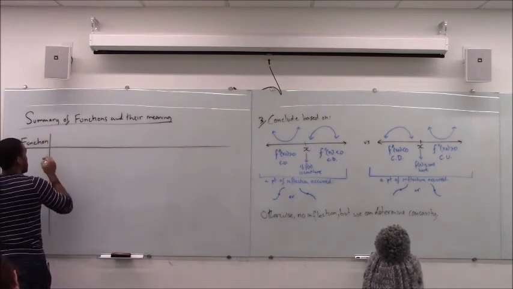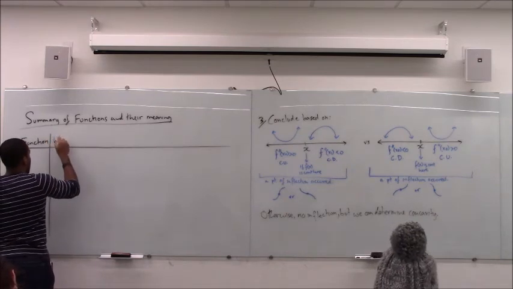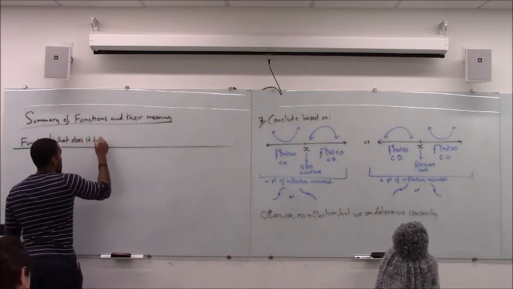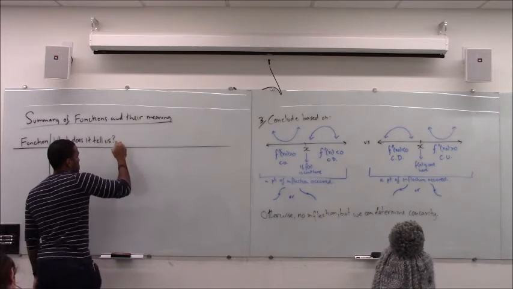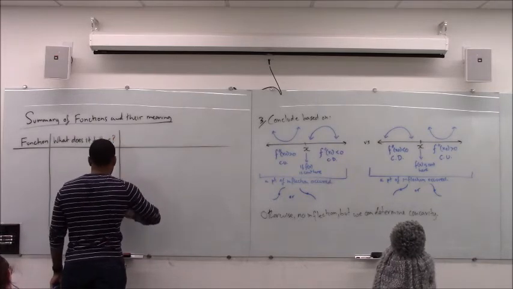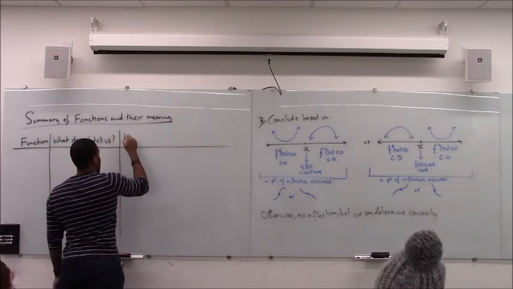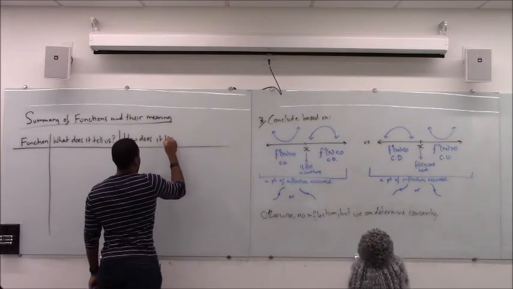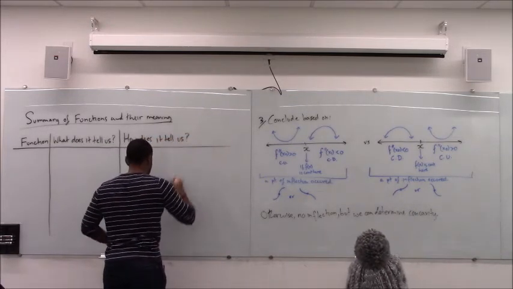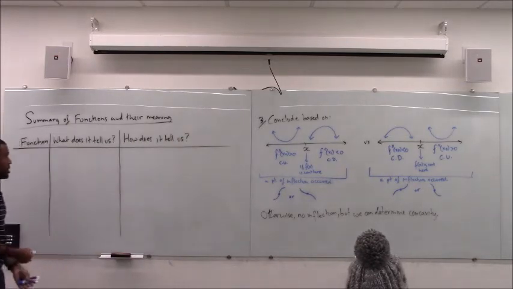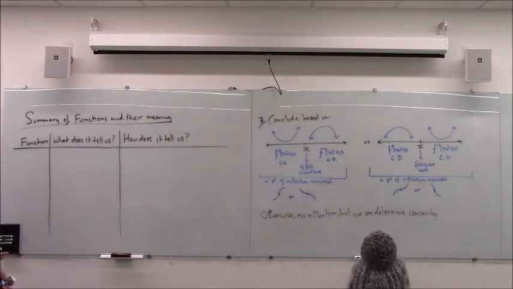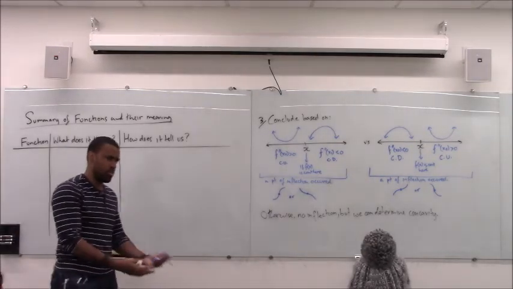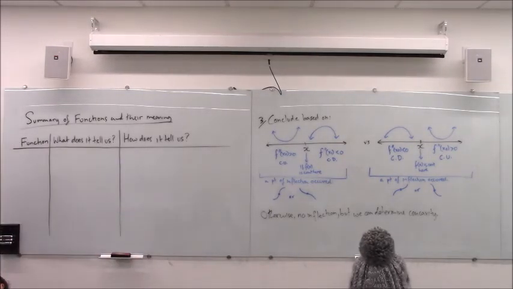When you look at a function, I want you to know, what does it tell you? Then you want to know, how does it tell you? So you're looking at a function, what kind of information can I get from this function? And how would I be able to interpret that that's the information that's being conveyed to me? Okay, so those are the two things.